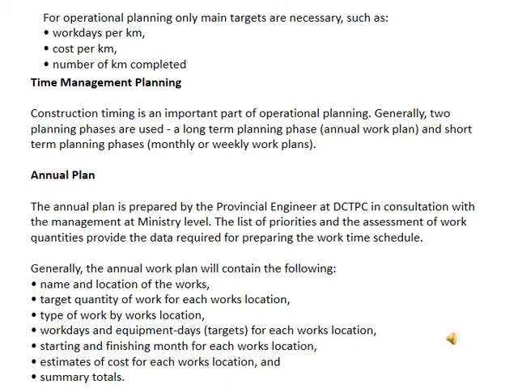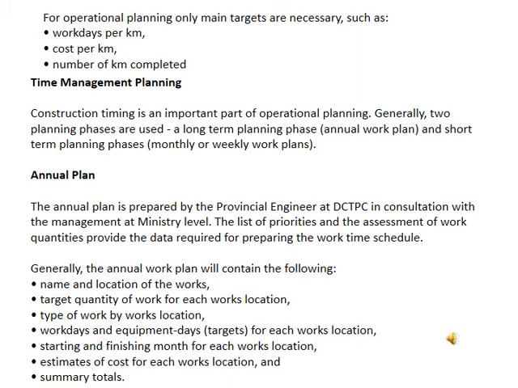So regarding the annual plans, the annual plan is defined by the provisions engineer at the DCTPC in consultation with the management and the ministries level. The list of the priorities and the assessment of the work quantity provide data required for the preparation of the work time schedule.